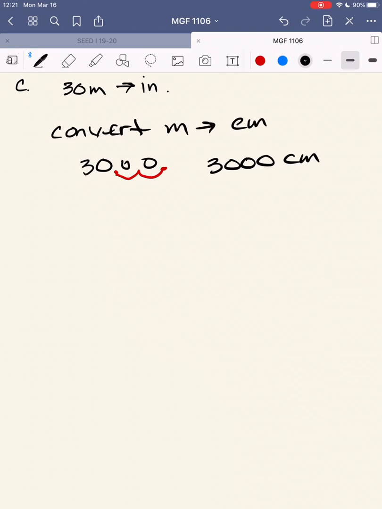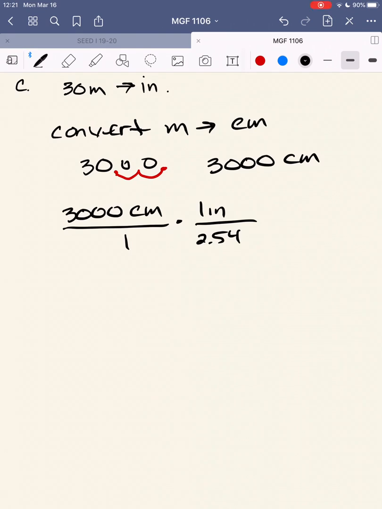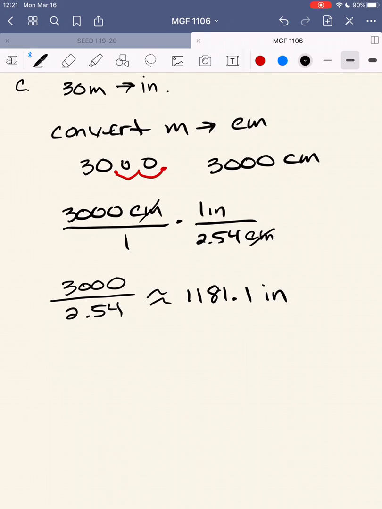Now centimeters I can convert to inches, so I put 3,000 centimeters over 1 and multiply. For every 1 inch, I have 2.54 centimeters. My centimeters cancel. So I have 3,000 over 2.54, which I put in the calculator and round to the tenths. I have 1181.1 inches.